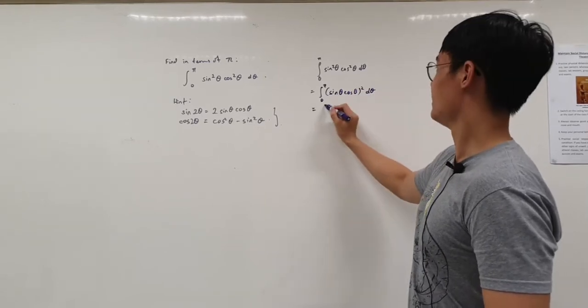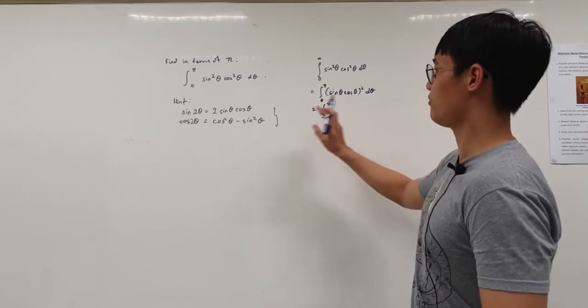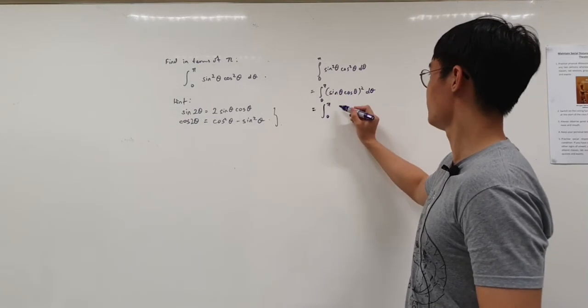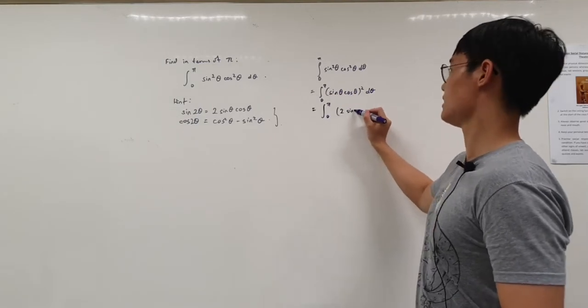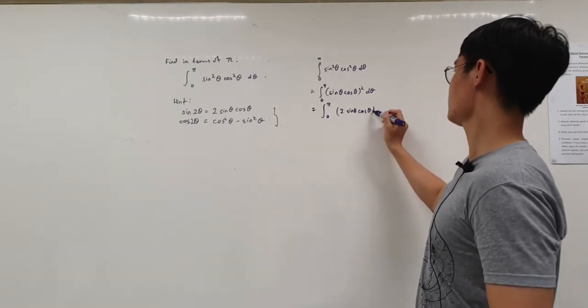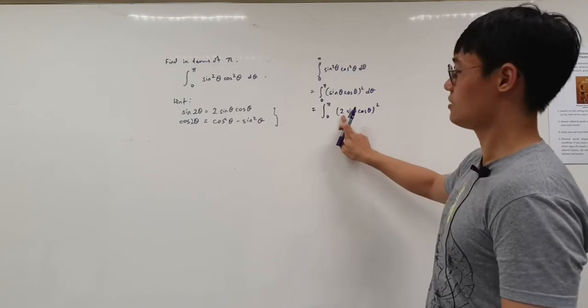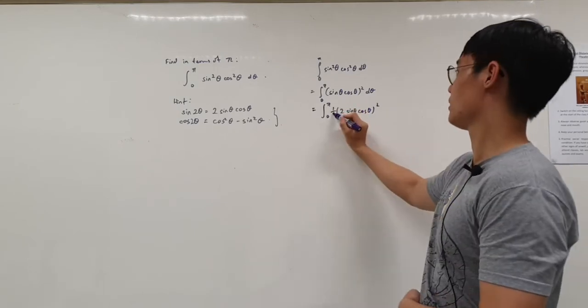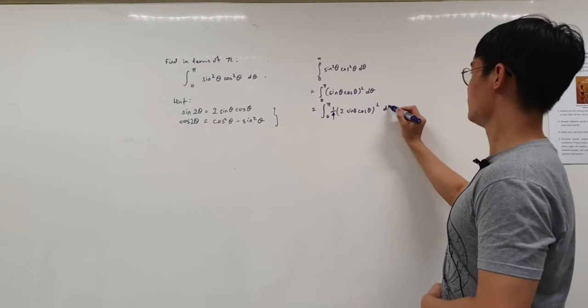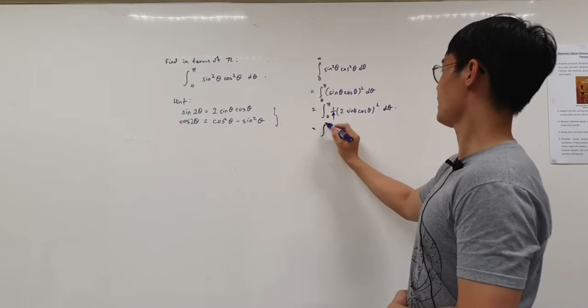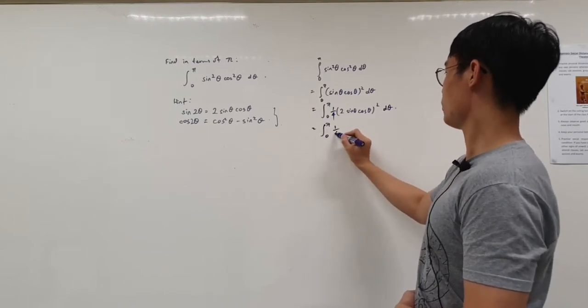Then we try to fit 2 sine theta cosine theta in. So let's say 2 sine theta cosine theta squared. To balance this out, I need to multiply by 1/4 d theta. And this is from 0 to pi, 1/4.